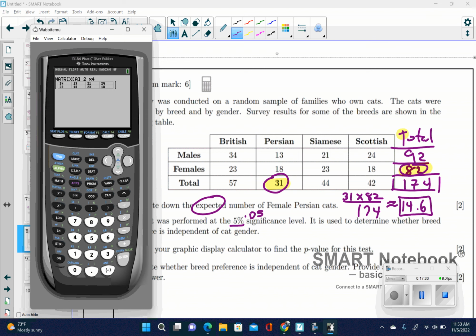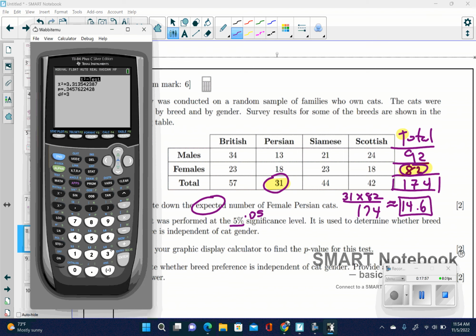And then to get to the chi-squared, we're going to go to stat tests. Oh, that is not the test I want. So stat tests, and we're going to go down to letter C, which is chi-squared test. And you're going to hit enter, enter, enter a bunch of times till it gives you the actual values. Okay.